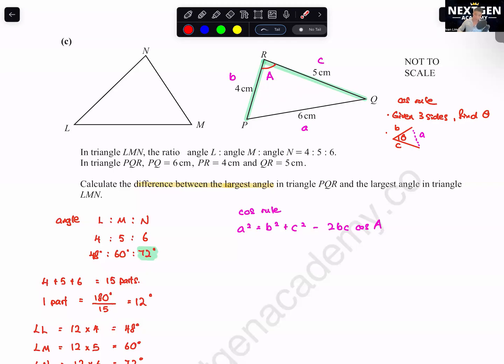Now let's substitute into the equation. One thing you have to be careful about is this last part, the 2BC cos A. I want you all to put a big bracket when you do cos rule.